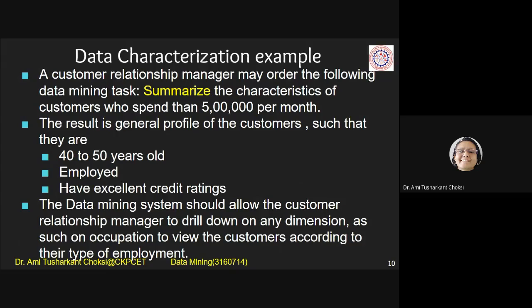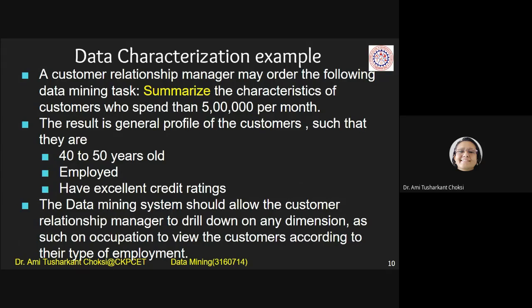See, here this is the ideal condition, that is, the data mining system should allow the customer relationship manager, whoever the manager is, to drill down on any dimension. That is, that person should be able to see any particular dimension, any particular column, in detail.